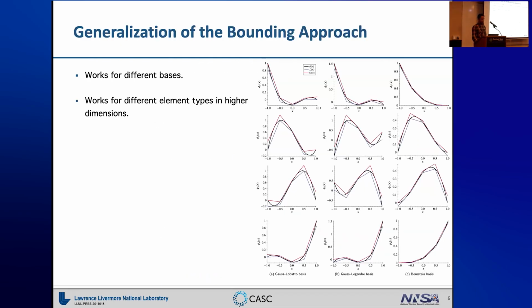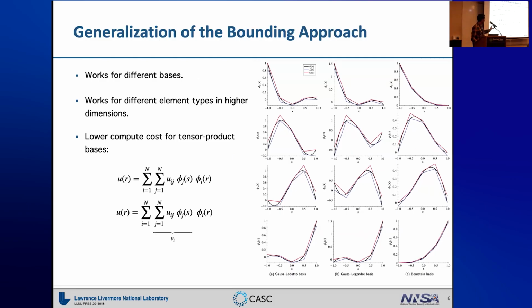Okay, so back to tensor product elements. We can reduce the cost by using the tensor product property. So if you have a 2D function, you first bound the inner summation, right? That'll give you the bounds on the coefficient for the outer summation, and then repeat the procedure. And as a result, if now n and m are your 1D parameters, the cost ends up being n to the d times m plus n times m to the d.